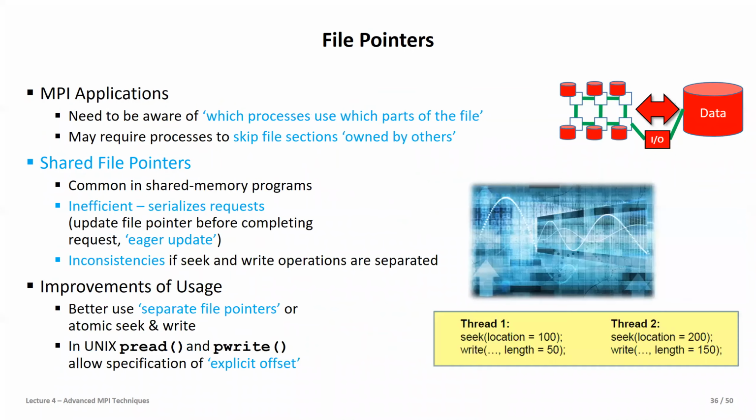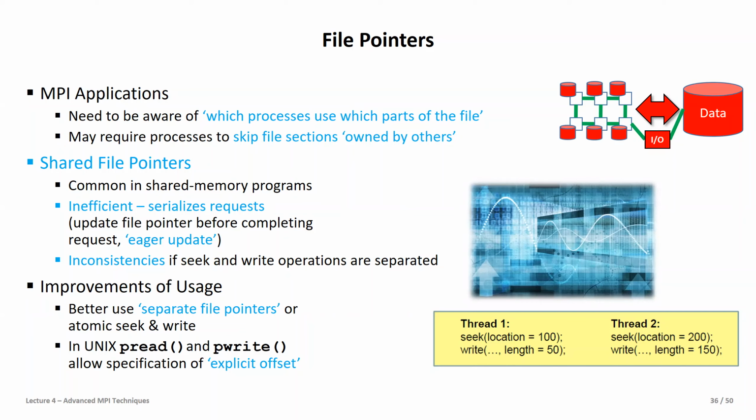The full idea for this problem is addressed by having different file pointers while still opening the same file. So you have two threads working maybe on a certain part of the file, and then you have a shared file pointer.